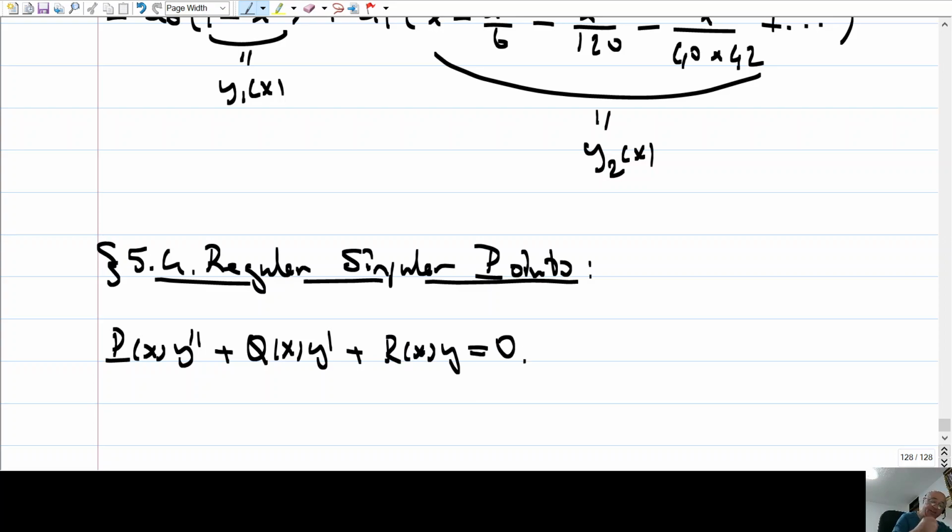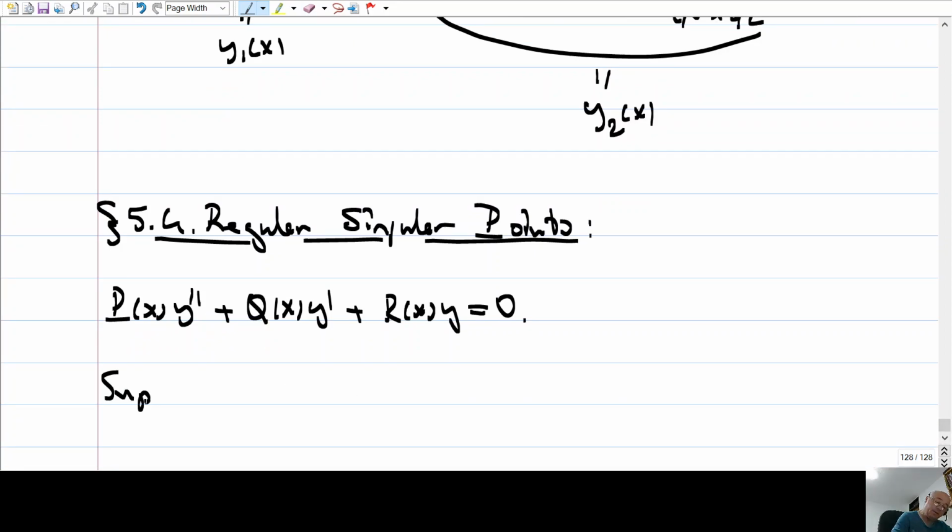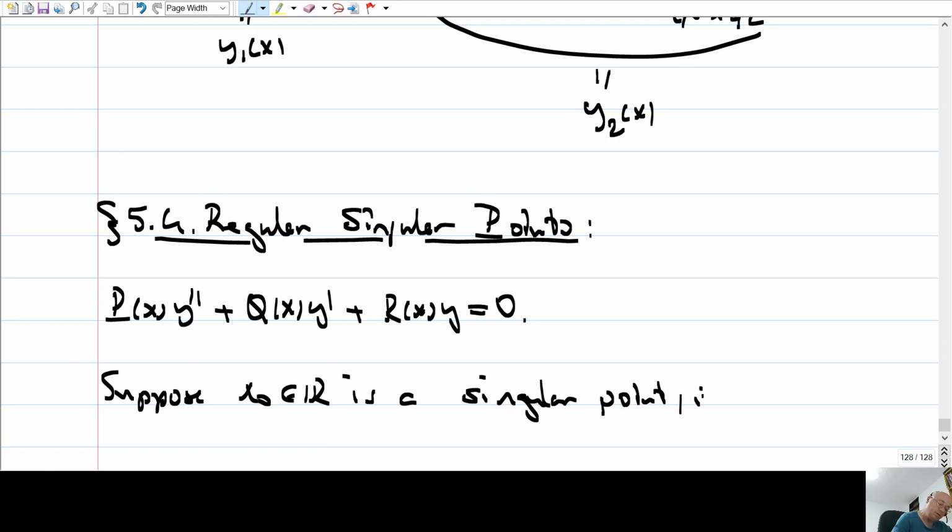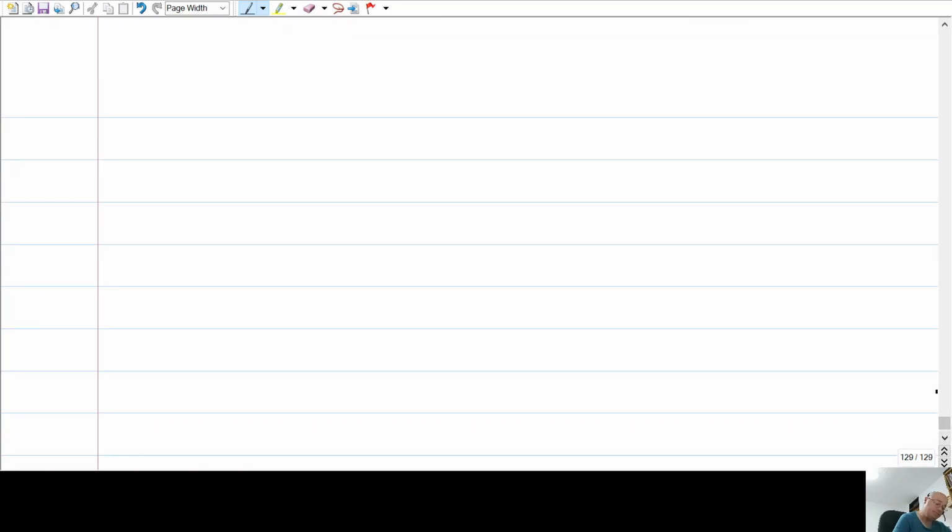And suppose x0 is a singular point. In other words, p of x0 is equal to 0. All right.